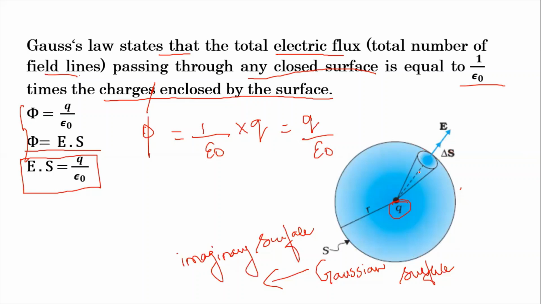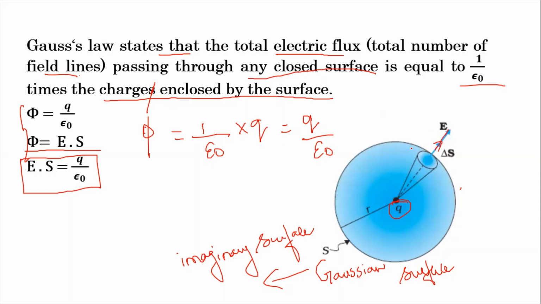Here you can see that the electric field radiates radially outwards, and the area vector and the electric field vector lie one over the other, so the cos theta value will be equal to 1.